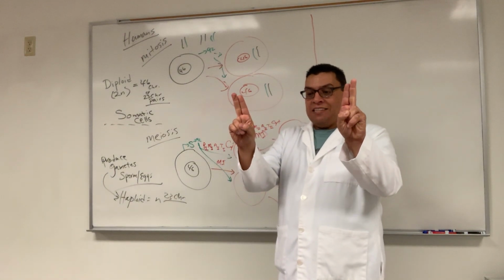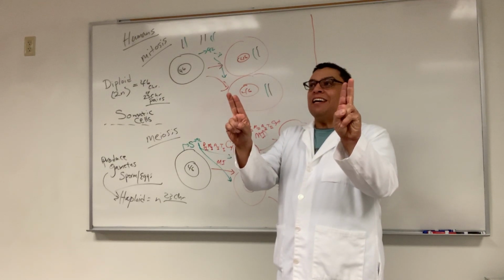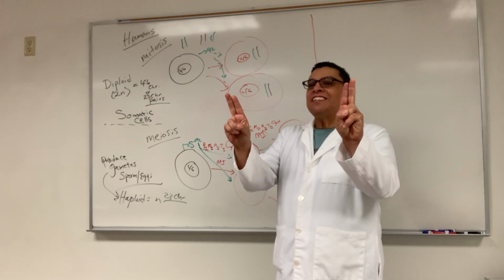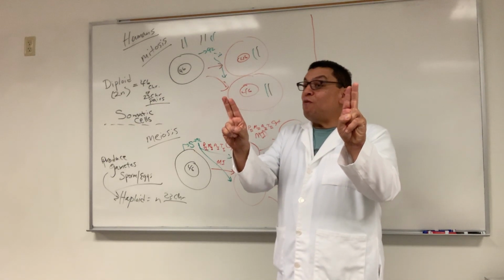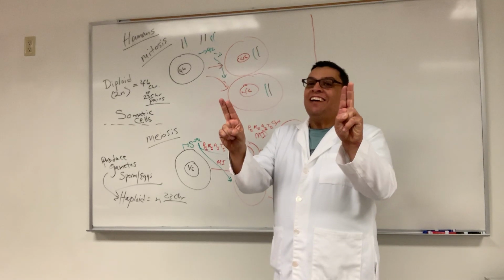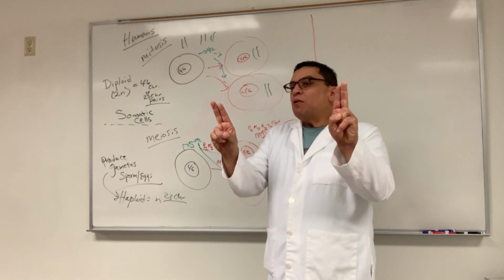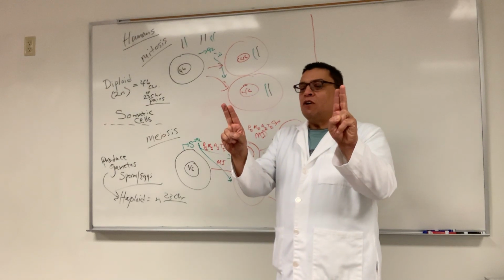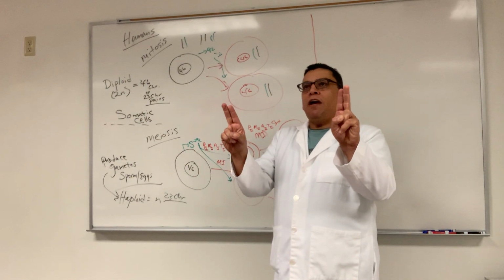In which phase? There is no such thing as prophase in meiosis. What is it? Prophase 1. It's called Prophase 1. Watch out for that on the exam. When you say prophase, I'm going to assume you're talking about mitosis. Why? Because there's no prophase in meiosis.